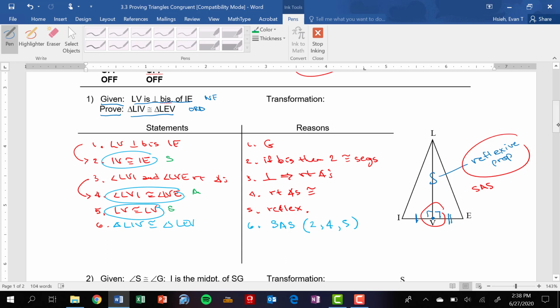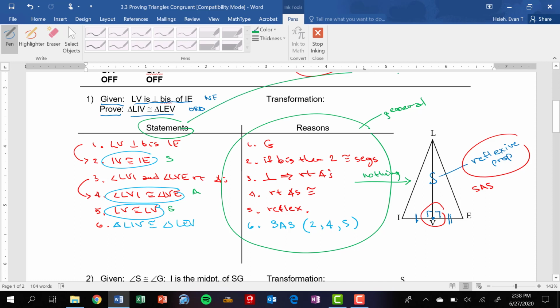Okay. Now notice, all the reasons here, they're all general reasons. There's nothing specifically pointing out something from the diagram in my reasons. All the statements have to do with stuff that's going on in my diagram.